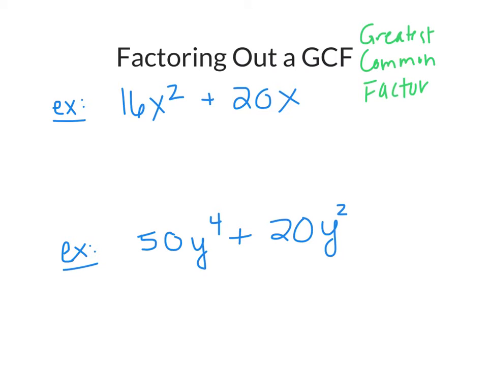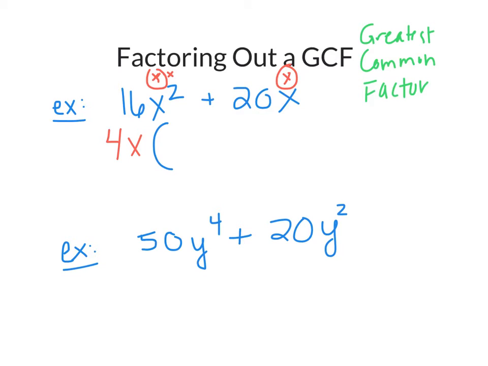So the GCF for the first binomial, 16 and 20 both have a factor of 4 in common. And x squared and x, well, x squared is really x times x, and x is 1x. So if I look at both of these, they both have an x in common. So I'm going to take out 4x. I'm going to factor out 4x.